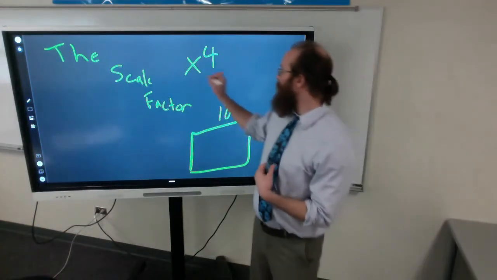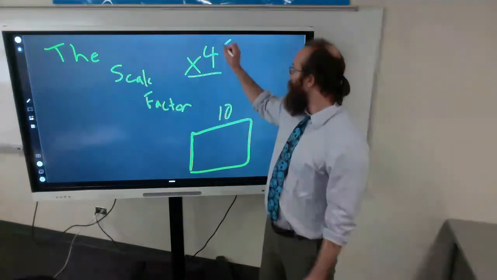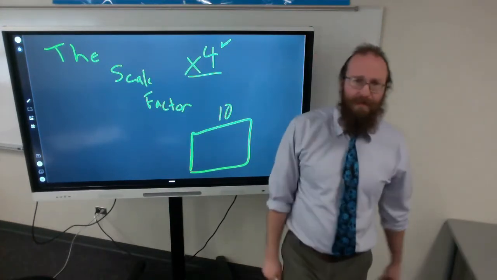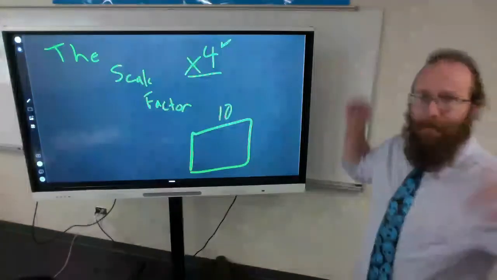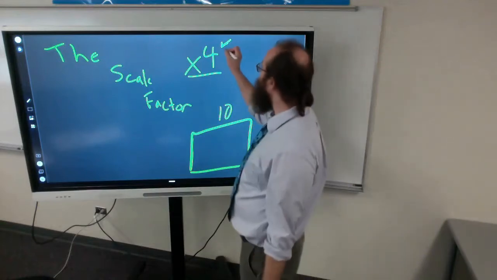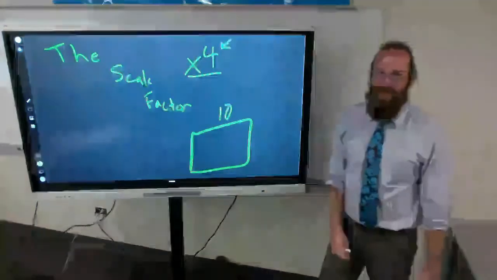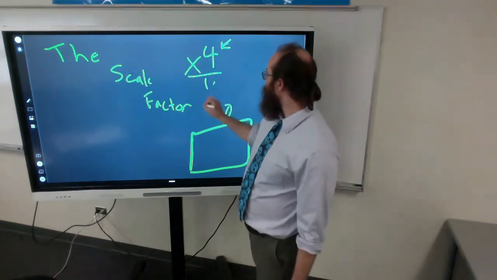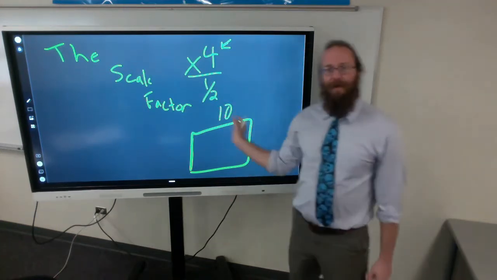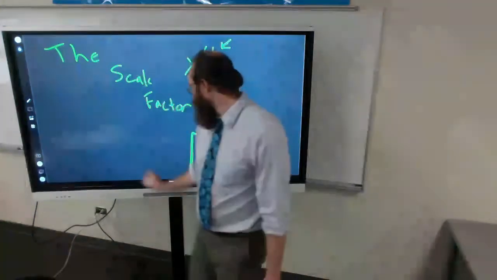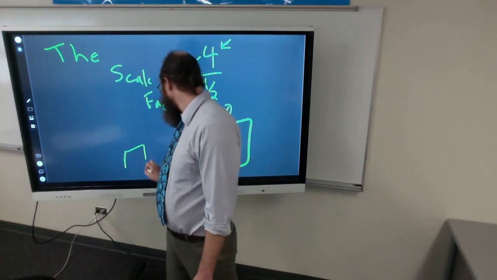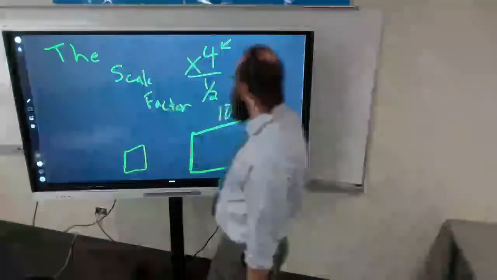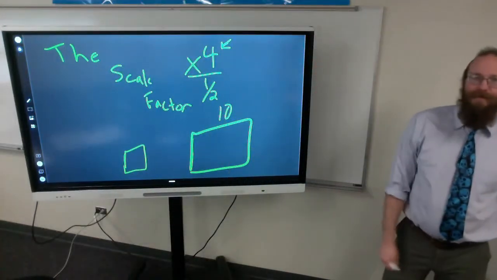So if you notice that when we made it bigger, 4 was bigger than the number 1. So this shape got bigger. However, if we use a fraction or a decimal for a scale factor, we will make it smaller. So if we use the scale factor of 1/2, we are going to make a smaller square. And I'll give you guys a second to try to figure out what the length of a side length is for 1/2.